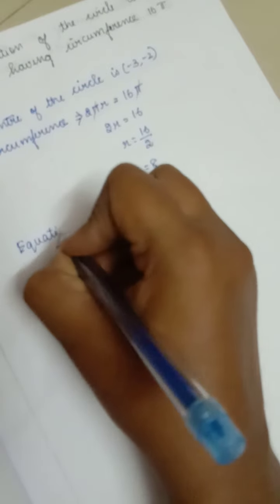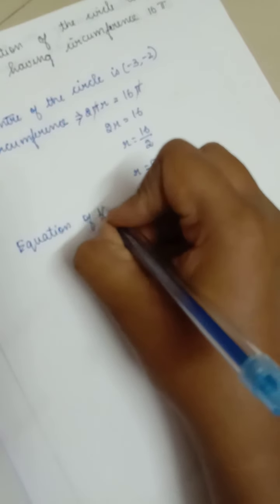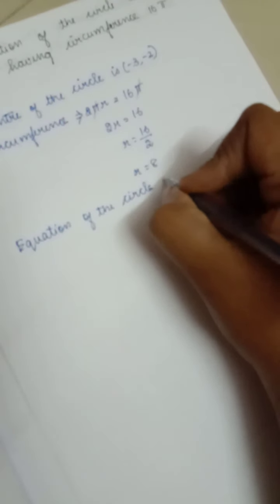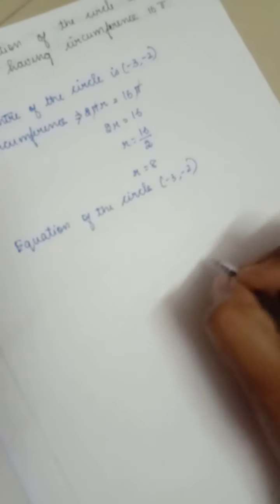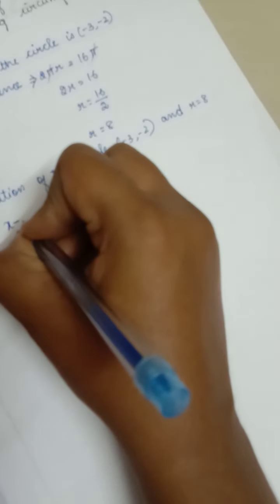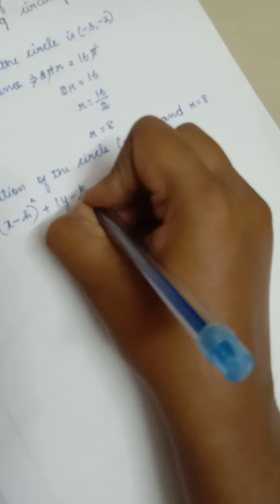Then the equation of the circle: center minus 3 comma minus 2 and r is equal to 8. Then what we have to do is substitute in the equation x minus h the whole square plus y minus k the whole square equal to r square.